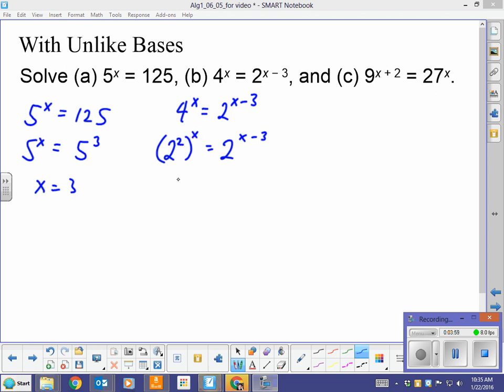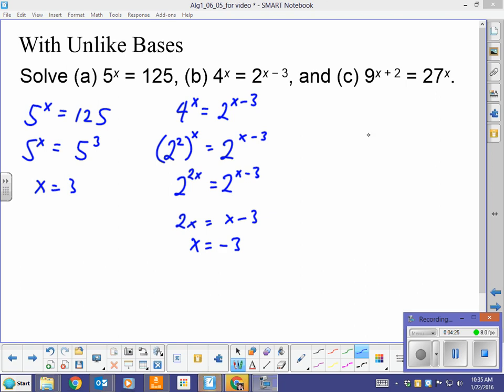I multiply those together. So now I have 2 to the power of 2x equals 2 to the power of x minus 3. Okay, so now I've got like bases. So now I know 2x equals x minus 3. And then if I subtract x from both sides, x equals negative 3.